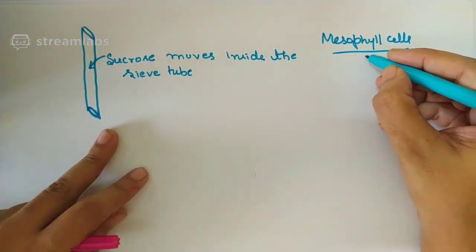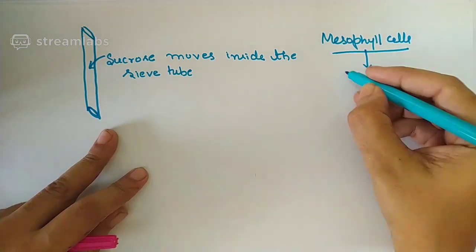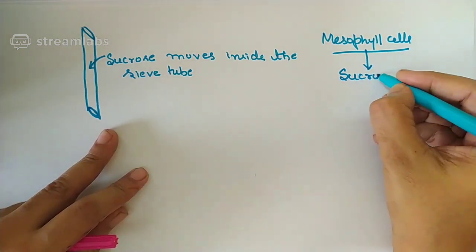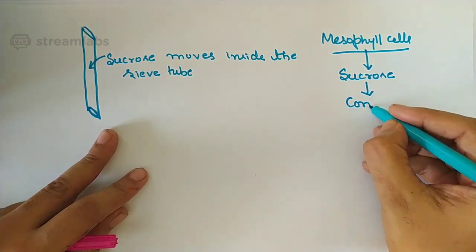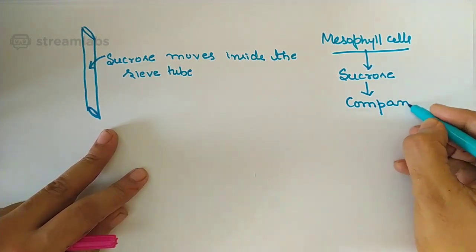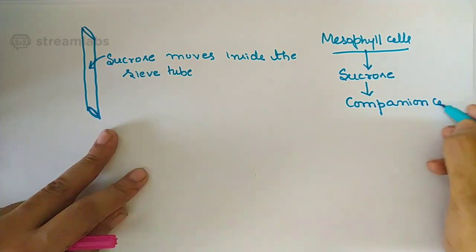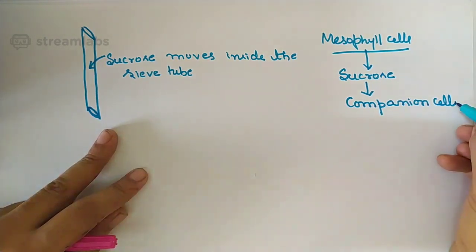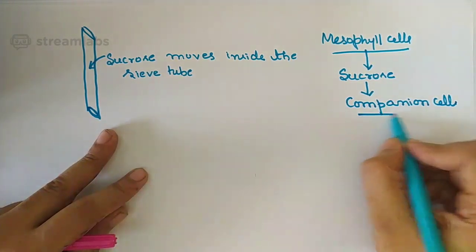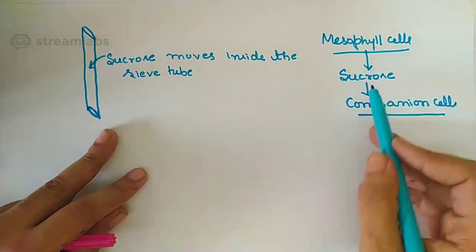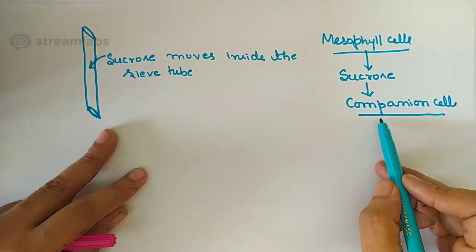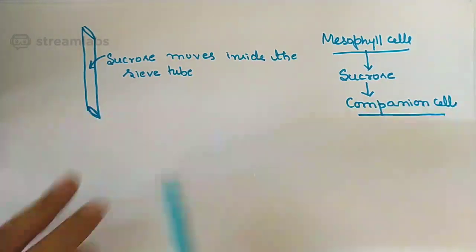From these mesophyll cells, sucrose moves to companion cells. Companion cells, as I have told you, are a component of phloem.